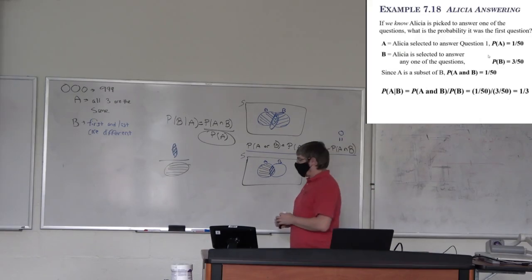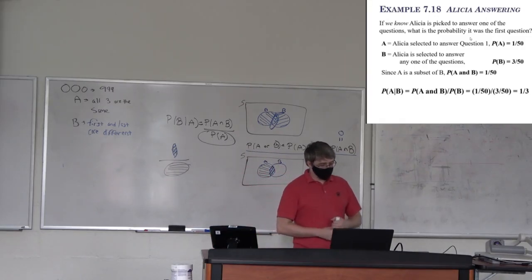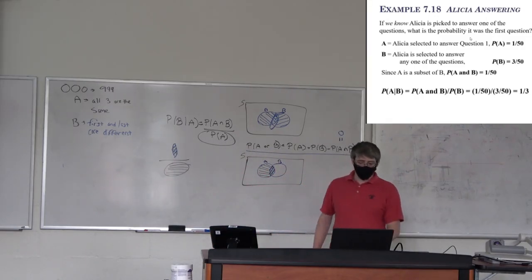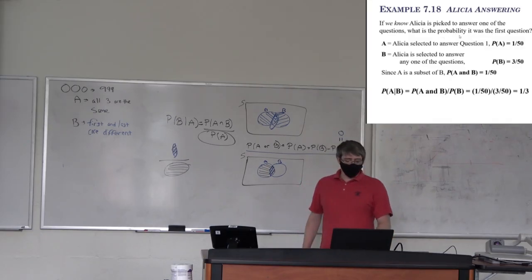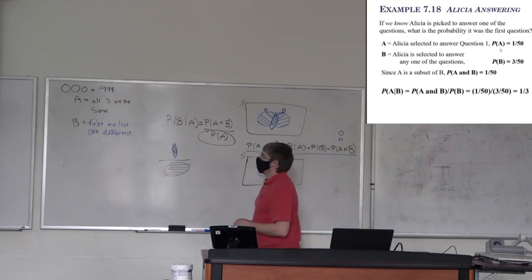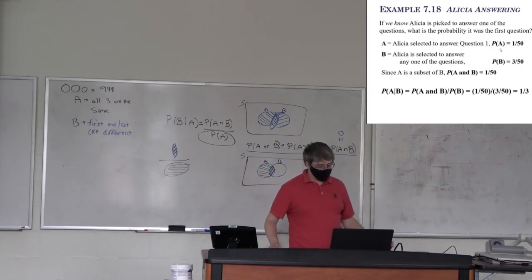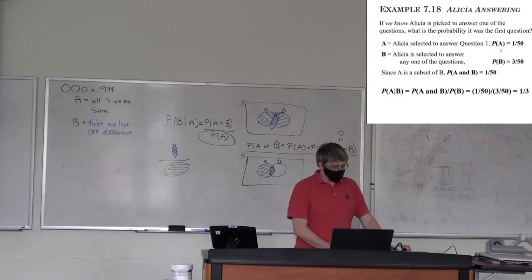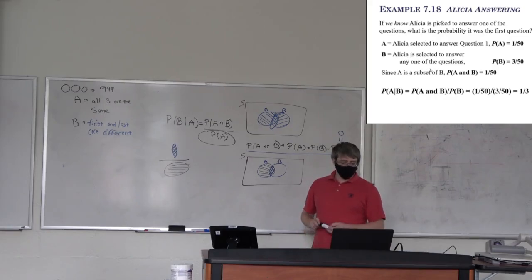So this is going back to the example where I'm picking on one of you to answer a question. What probability was it for the first question? If we don't have any prior information, P of A is just 1 out of 50, or 1 out of how many students there are in this room. And if they're selected to answer any one of the questions, since there's 3, P of B is 3 out of 50.